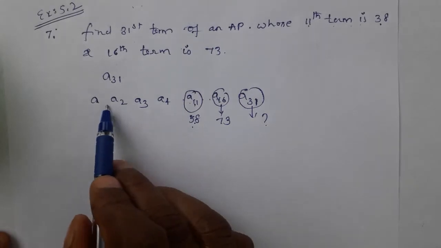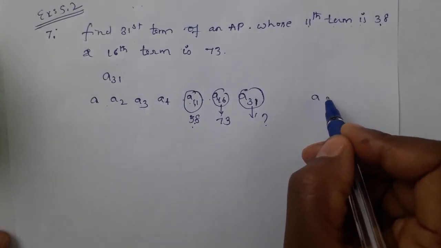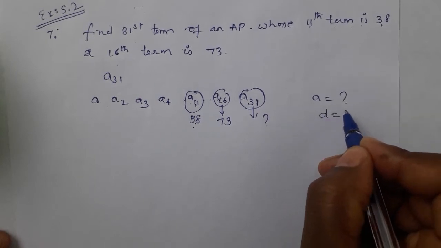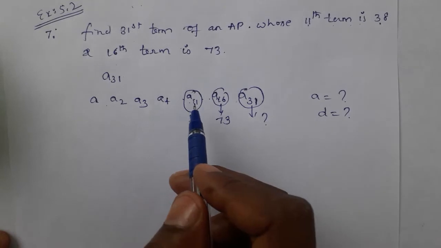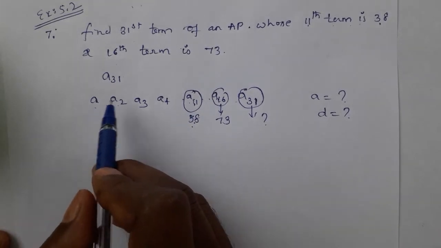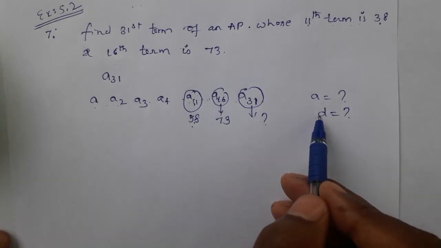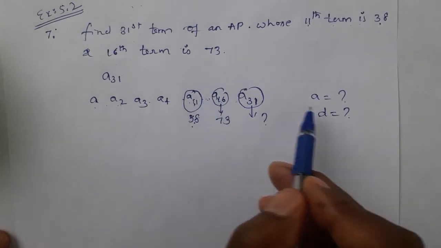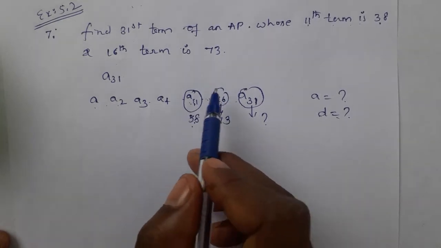But in this AP, first, second, third, fourth are not given. So it is difficult to get, A also unknown, common difference also unknown. Common difference how to get? It is the difference between two successive numbers: second minus first, or third minus second. So if 16th and 15th are given, we can get D, because 16th minus 15th is equal to D. But here 11th is given, next is 16th given, directly jump to 16th.